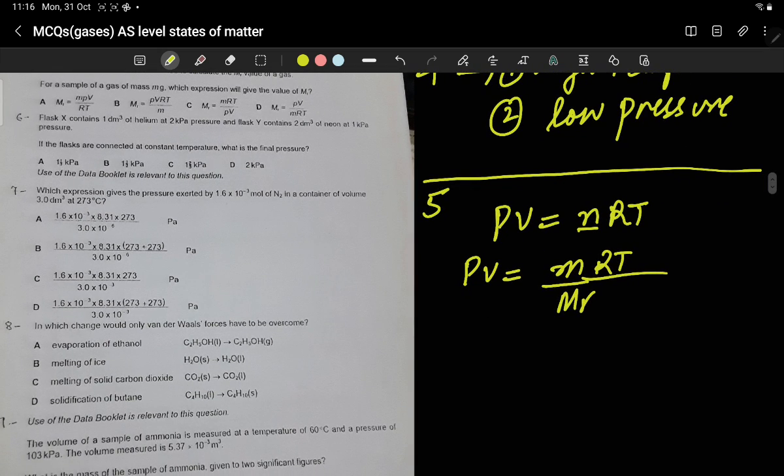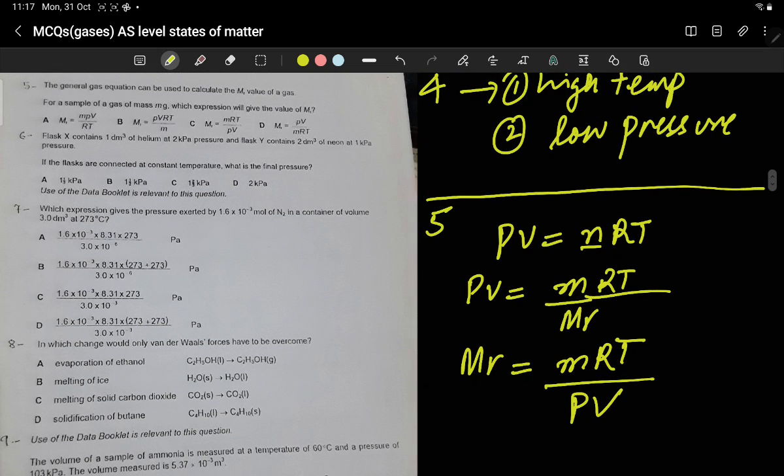And now Mr is equal to mass times RT over PV. So here Mr equal to mPV over RT is incorrect. Mr equal to PV over RT is also incorrect. mRT over PV is correct. So this is the correct option.